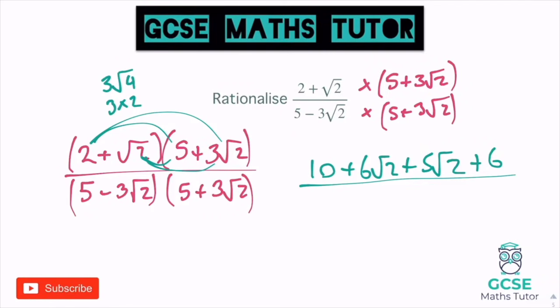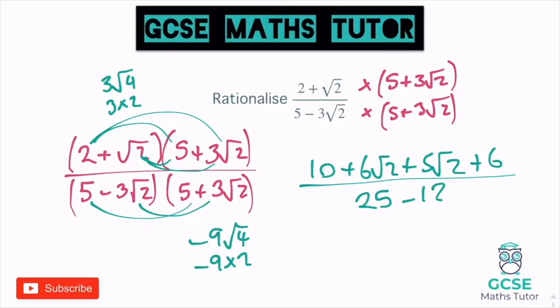And there's the top, and then the bottom I'm going to apply that little shortcut, so 5 times 5 is 25, and -3 root 2 times positive 3 root 2 is negative, 3 times 3 is 9, root 2 times root 2 is root 4, so it's -9 times 2, which is -18.